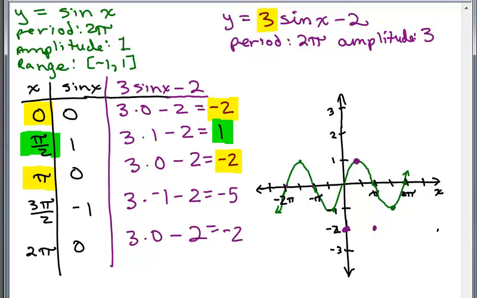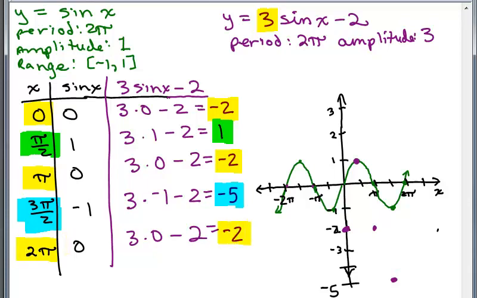And then we have 3 pi over 2, negative 5. So 3 pi over 2 all the way down at negative 5. I didn't draw this far enough, so you'd have to go down to negative 5, all the way down here. And then the last one, 2 pi, negative 2.